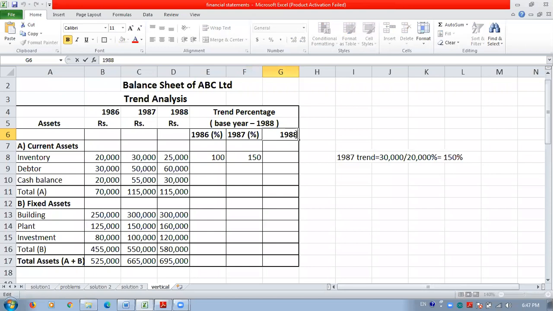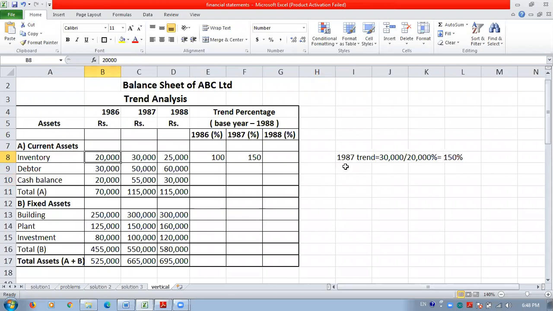In case of 1988, what will be the percentage? Again, in case of 1988 also, we are going to take the base year as 1986.